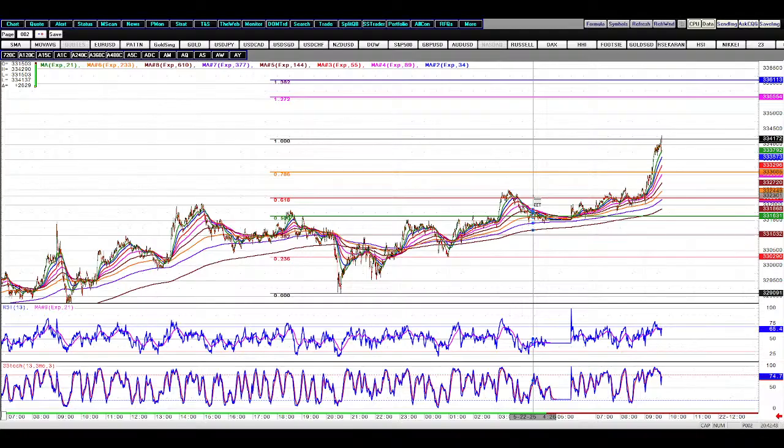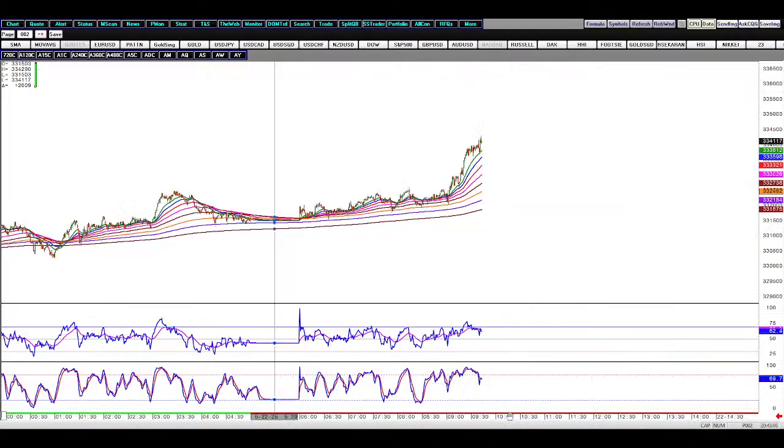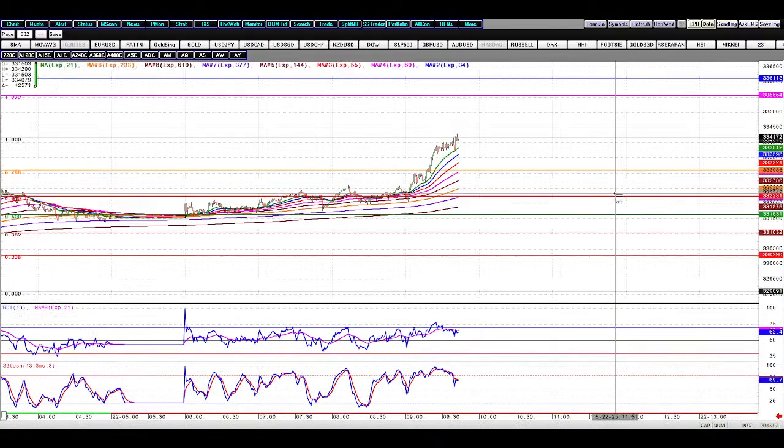So either at 47, the resistance, it may turn down from there, or it can break that level and go towards 55, then the market may turn. So the only condition is we've got to sell at 11 or before, and if the price is 55 or 53, then you go for a sell.